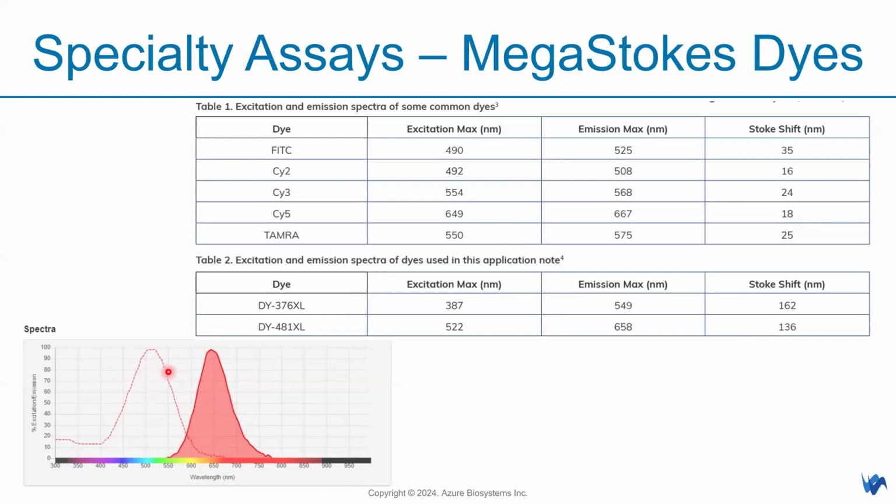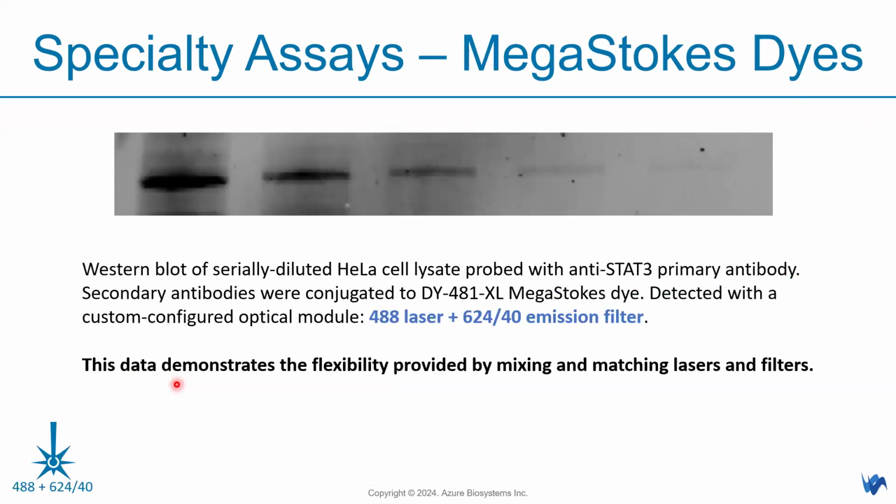Normally with these dyes, what I see is people use them in small animal imaging because they need that clean background that stands out from the rest of the background noise. With this mix and match design, we have the 488 laser and emission filters in the 624 range to image Mega Stokes dyes that we probed on these fluorescent Western blots.